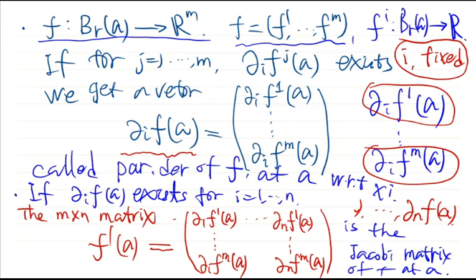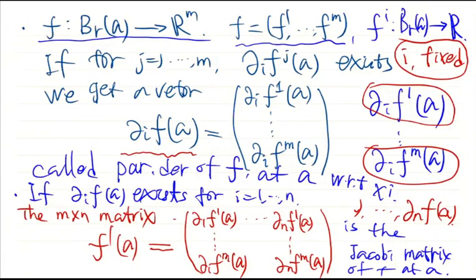The first column is the partial derivative of each component of f with respect to x_1, until the last column, which is the partial derivative of all the components of f with respect to x_n. So this is n and this is all n. This matrix is very clear. It is called the Jacobian matrix of our vector valued function. This is a very useful concept in multivariable calculus.